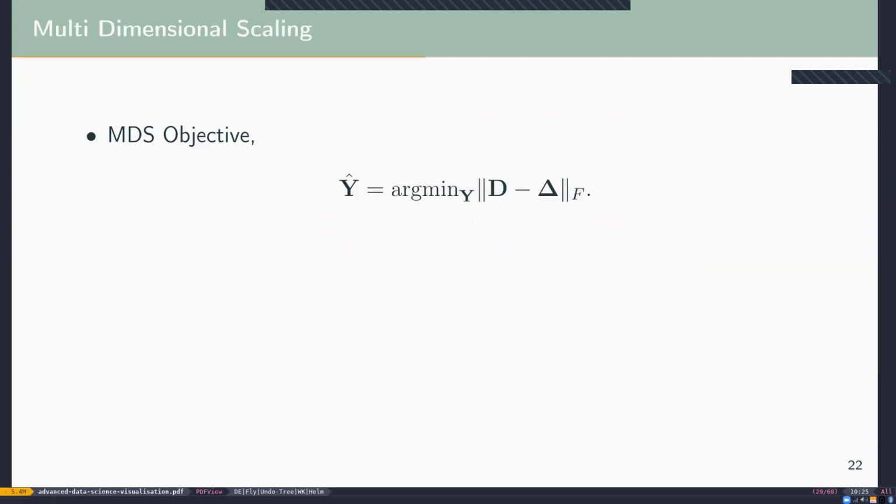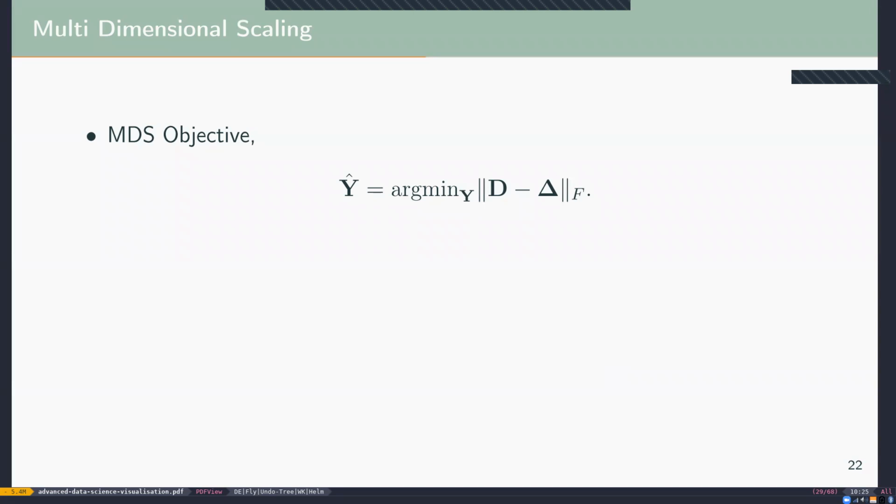So the objective is this: we've been given this matrix delta, which doesn't come from a vectorial representation. We want to find this D, which we can calculate from a vectorial representation, such that we minimize the distance between these 2 matrices.